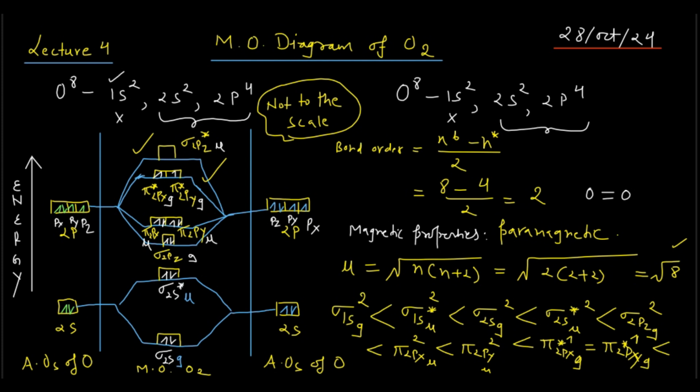Now we can see what happens if I draw the molecular orbital diagram for the cation and other things. The diagram is already drawn, and now I'll discuss the other things. I hope this is quite clear to you.